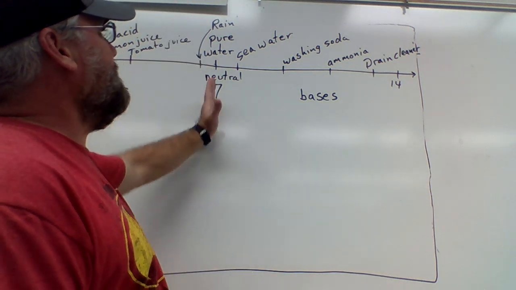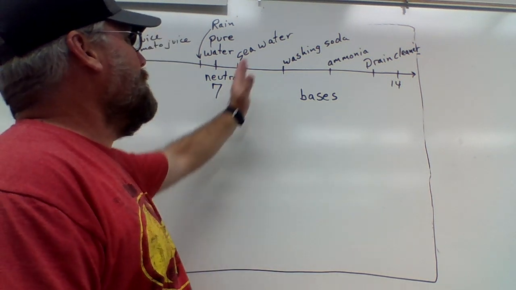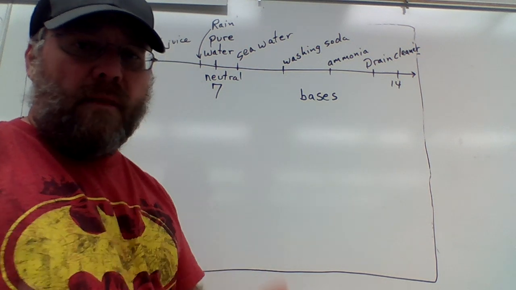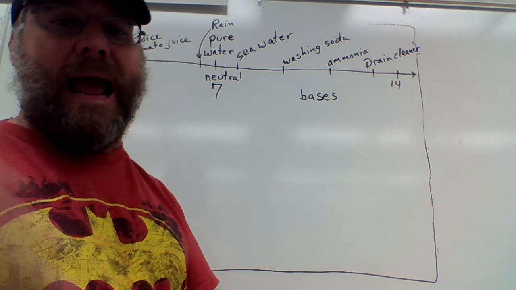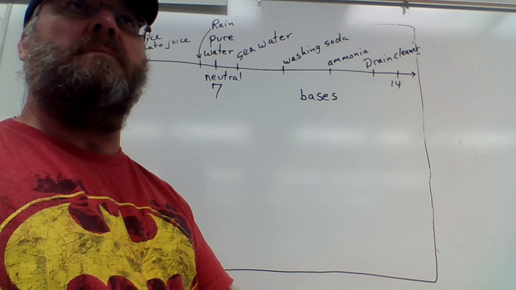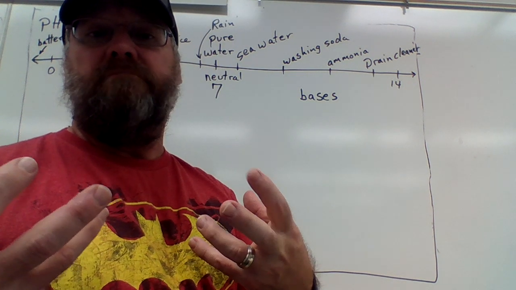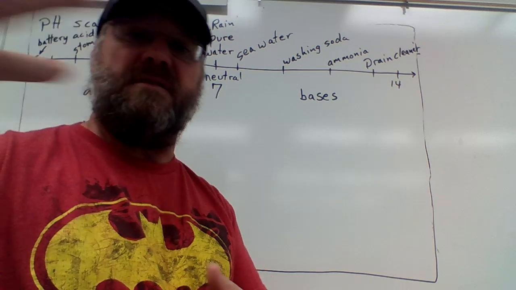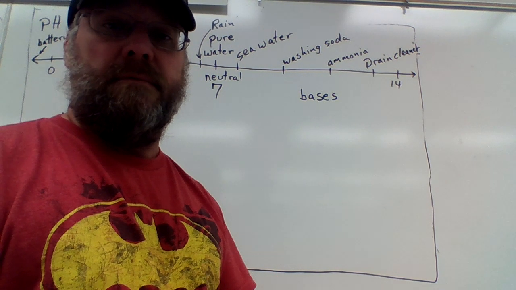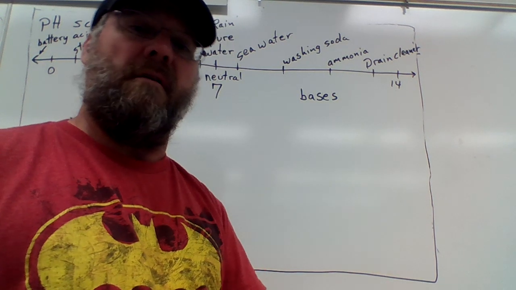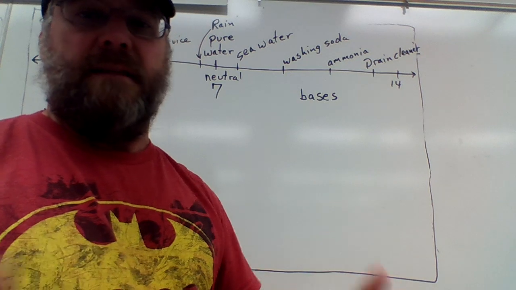Once we get to a 7, neutral is just pure water. Then we go to seawater. Seawater's typically somewhere in the mid 7s to an 8. It just has some dissolved minerals in it that have basic properties, and over hundreds of centuries of the earth dissolving stuff here on land, it has made the ocean just slightly basic.